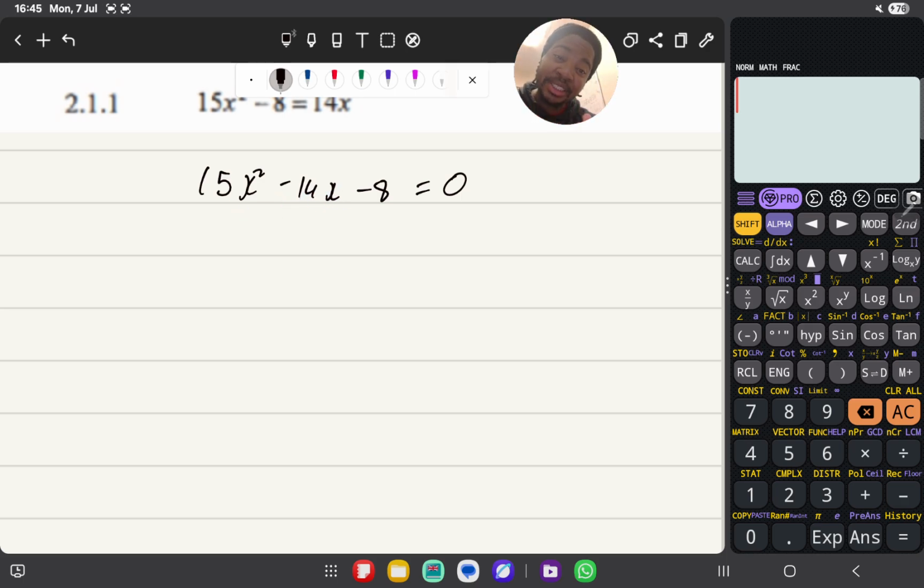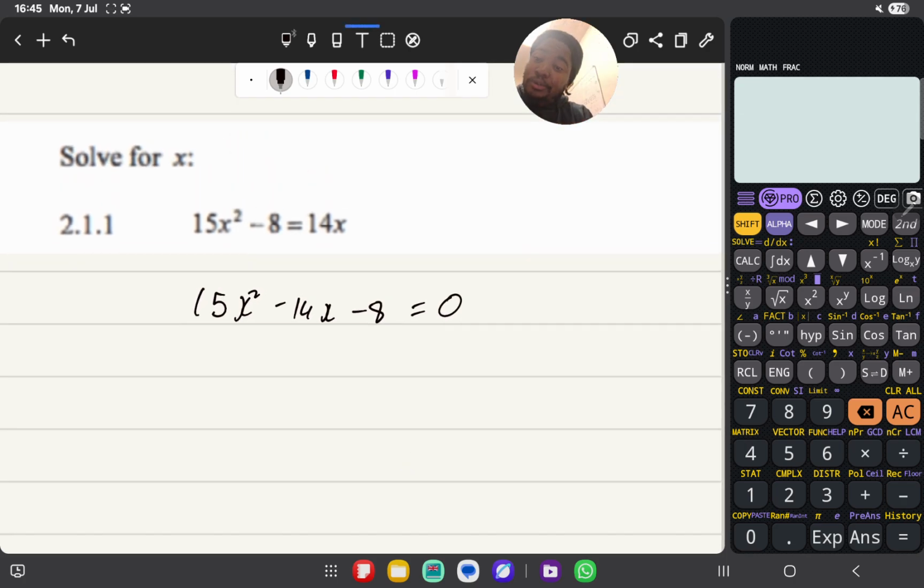I am mentioning factorization under the topic of solving for x because, whether we have a trinomial or a binomial, what matters most is if you have a power of 2 on x. The word I've been looking for is quadratic. When you have a quadratic expression or equation and you want to solve for x, you are going to factorize at some point. So this is the structure you have.